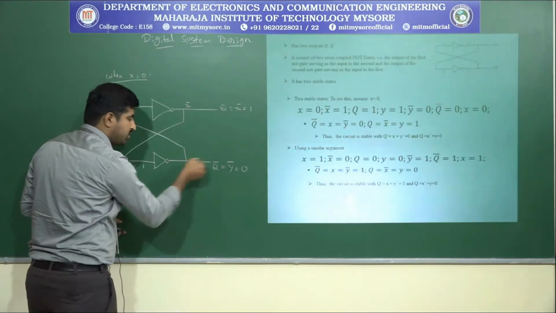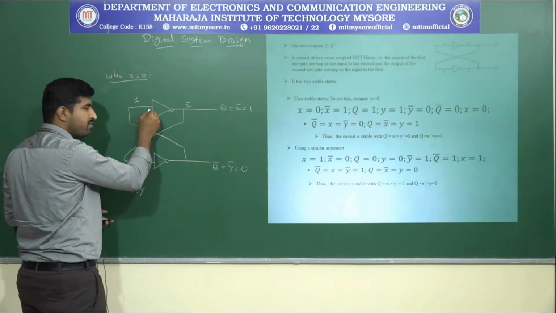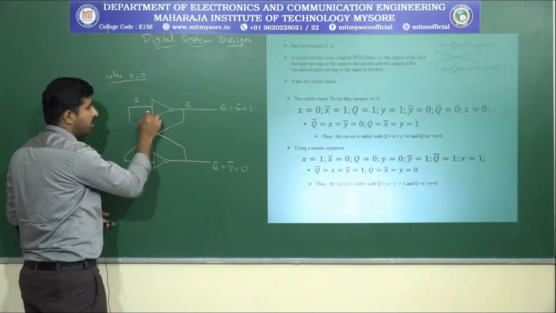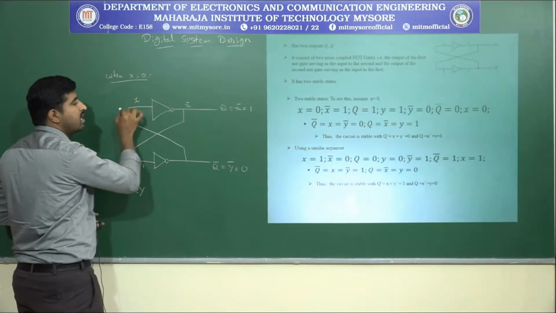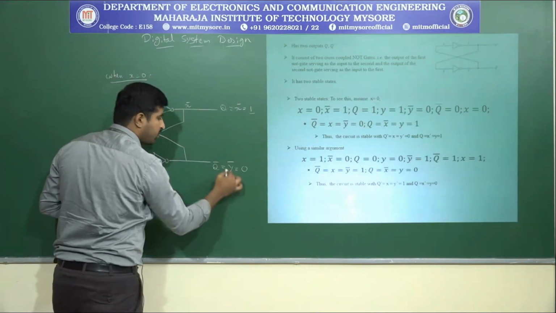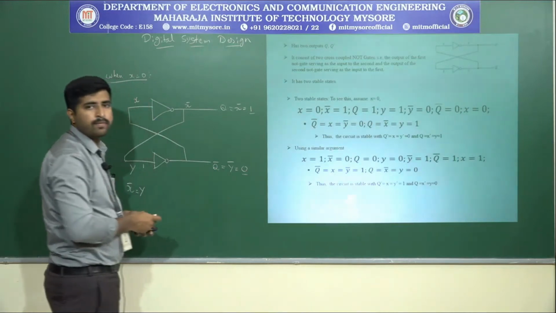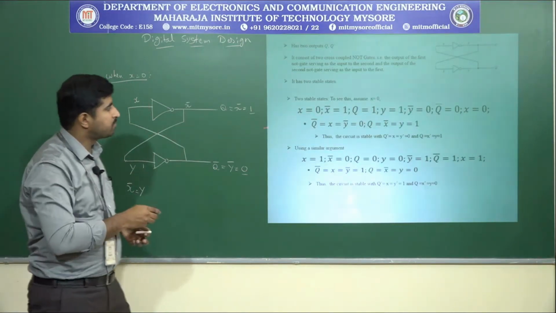This 0 is again feeding to the first NOT gate because it is cross coupled. So when X equals to 0, Q will always be 1 and Q bar will be 0.